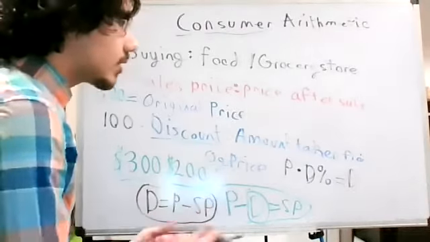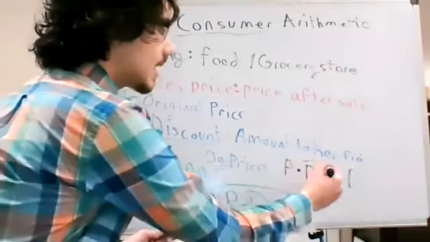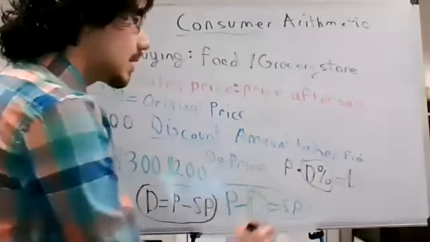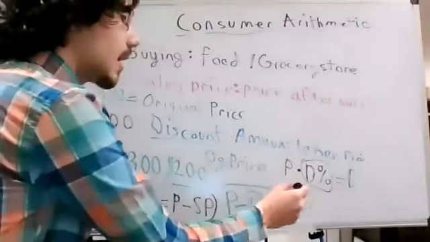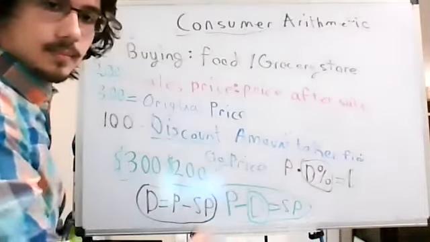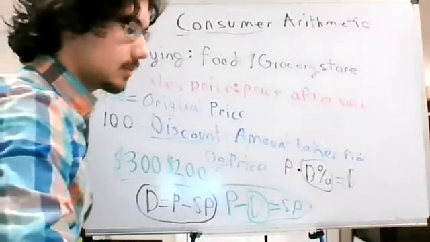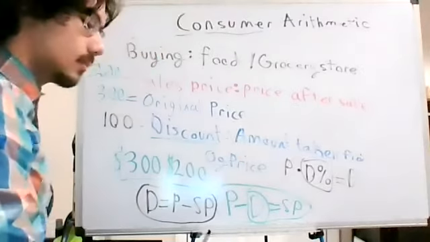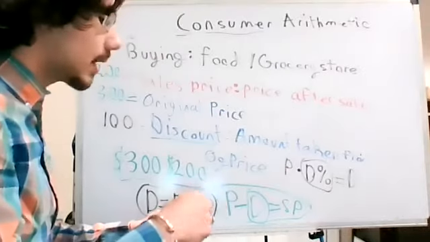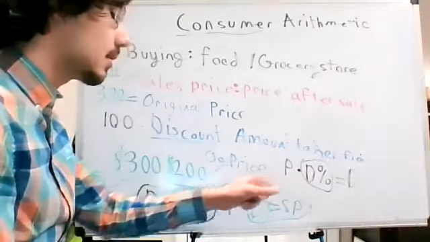Well, what are we trying to find? The discount percent. So that's here. So it is price multiplied by discount percent. So how do we get rid of something multiplied? When something is multiplied to what we're trying to find, how do we get rid of the thing that's multiplied to it?